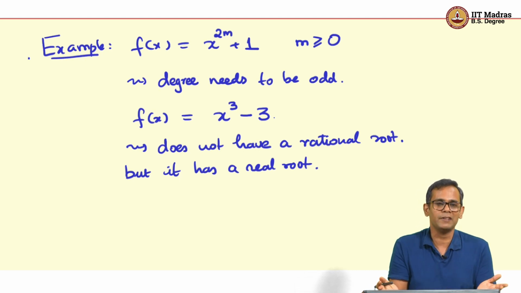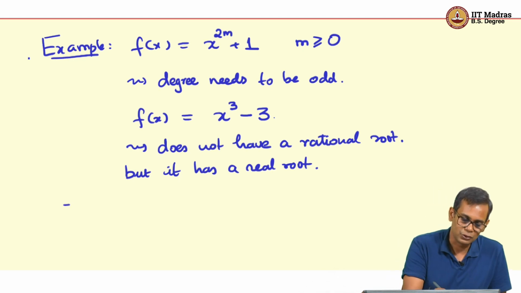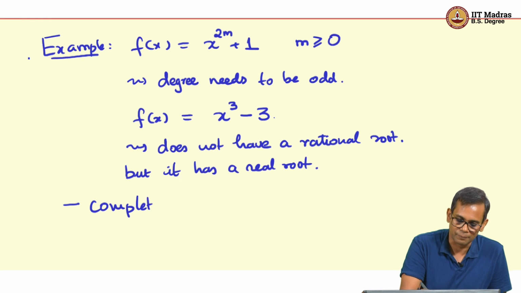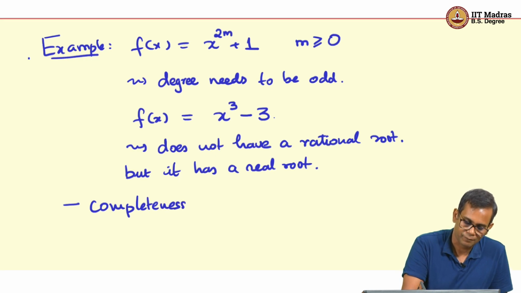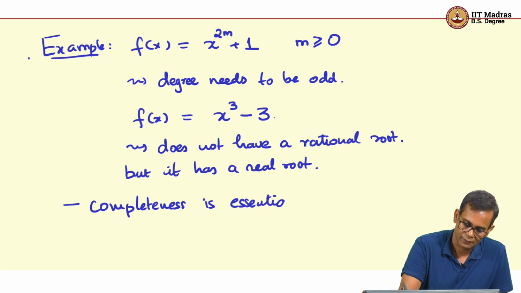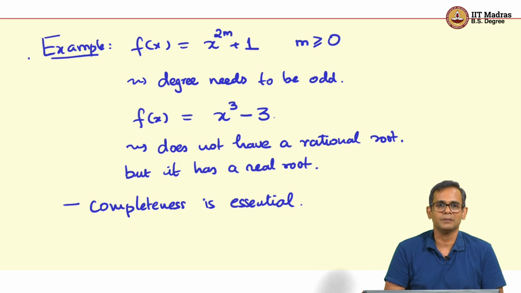The difference between rational numbers and real numbers is that real numbers satisfy the completeness axiom, which the rational numbers do not. So, completeness is essential for the intermediate value theorem to hold.